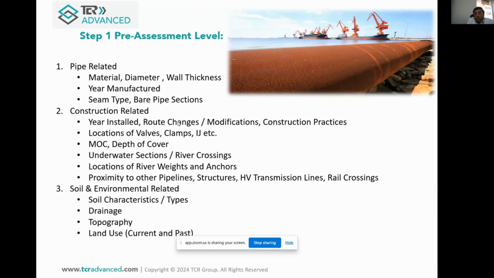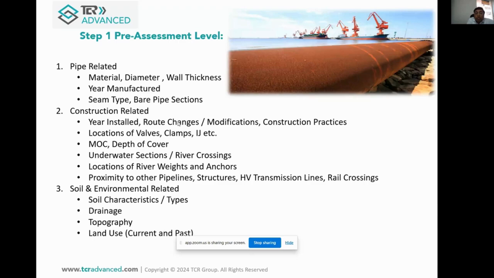Imagine someone working on the pipeline getting a shock due to that. So HV transmission is a critical area, and the data related to HV transmission lines is very important. Even if it is within the acceptable range, continuous draining of current from an HV transmission tower onto a pipeline can damage its coating, and hydrogen-induced corrosion can happen due to this, right? So again, very important.